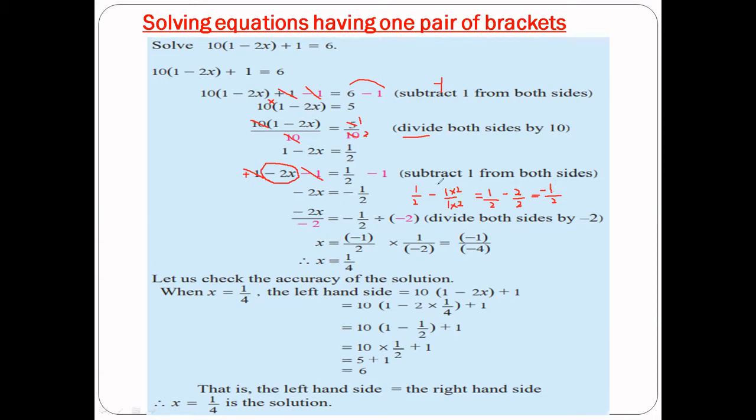So what is the answer? Half minus 1 means minus half. Then minus 2x equals minus half. Now how to remove this minus 2? Minus 2x means minus 2 multiplied by x.